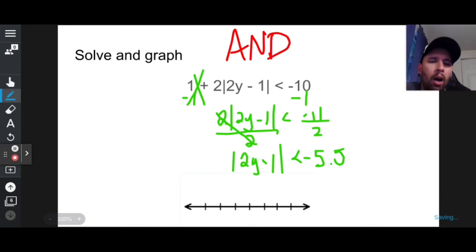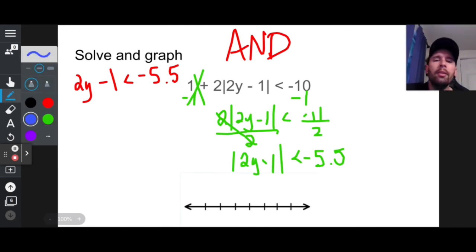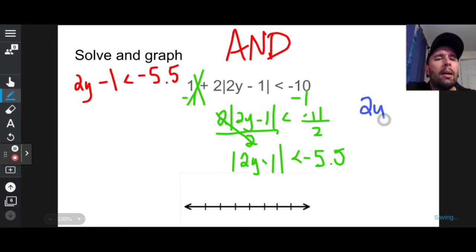I'm going to write out 2y minus 1 is less than negative 5.5 and 2y minus 1 is greater than the negative version of negative 5.5, which is 5.5.